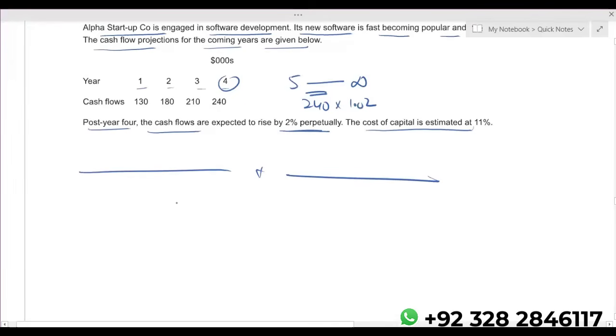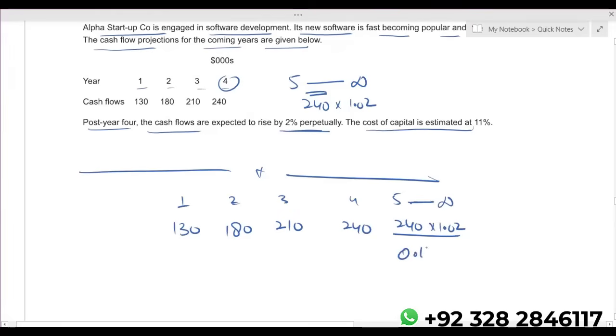So let's do it here. Years 1, 2, 3, 4, 5 till infinity. Cash flows are 130, 180, 210, 240. I'll take 240 into 1.02, divided by WACC 11% minus 0.02. Now, at 11% discount rate, let me use a calculator.